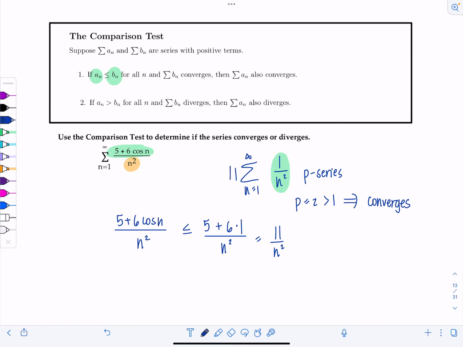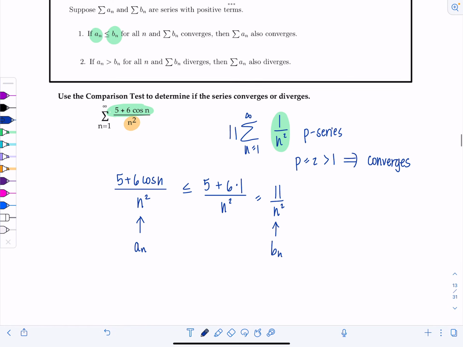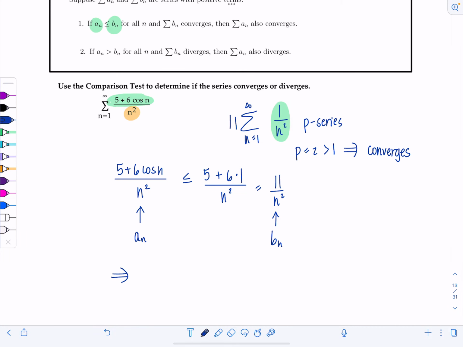I just showed this is an, and now I'm actually calling this bn, not just 1 over n squared, okay? And we're done. So therefore, the sum, n equals 1 to infinity, 5 plus 6 cosine n over n squared also converges by comparison.